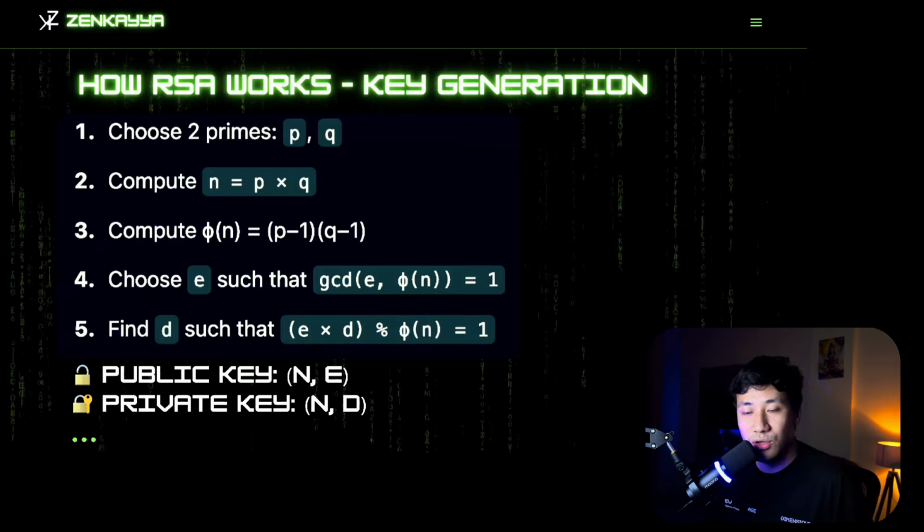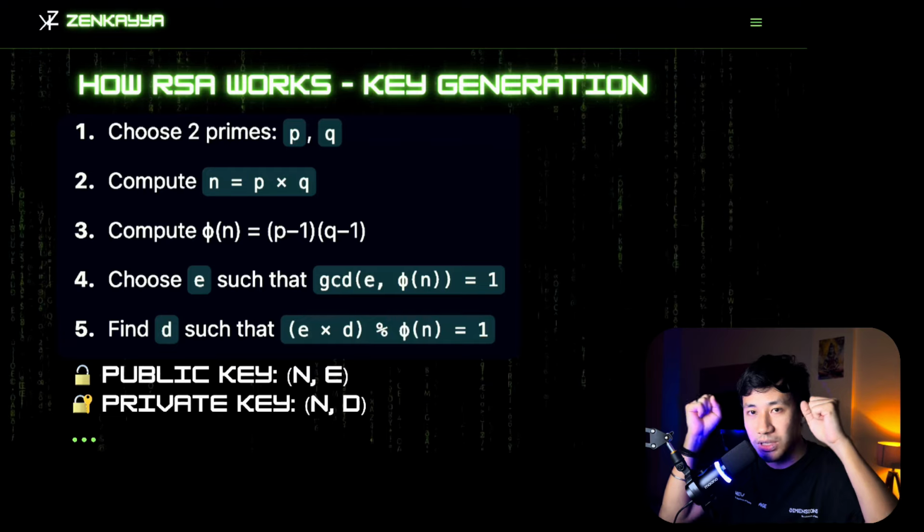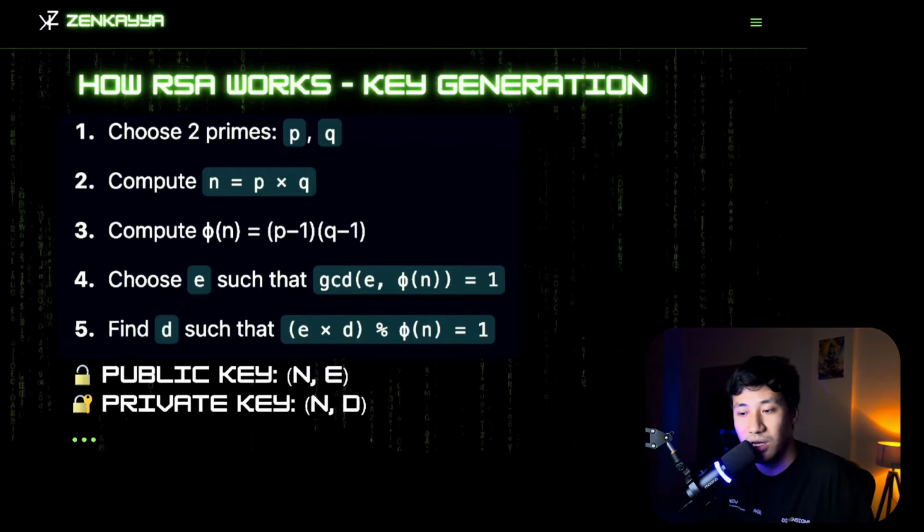After that you have to choose two keys, E and D. E is chosen such that GCD of E and phi equals 1. So basically E and phi are co-prime, meaning no common factors. That is the meaning of GCD.